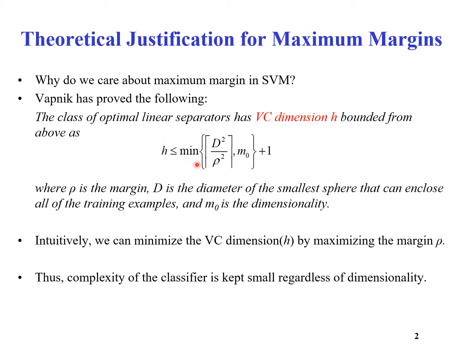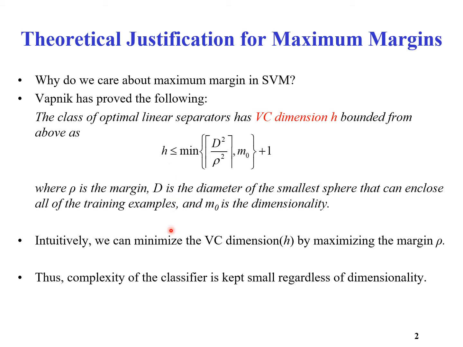It goes in the opposite way. That is the bottom line. If you maximize the margin rho, then you're going to minimize the value of H, the VC dimension. That's the conclusion of this slide.